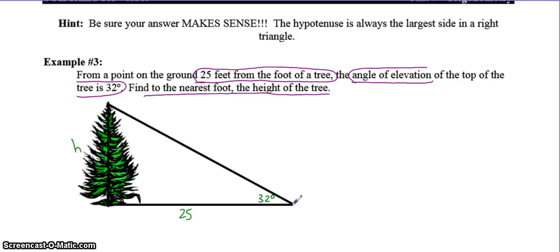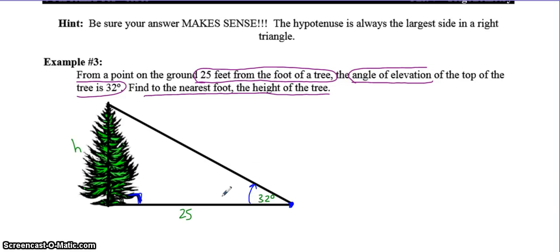Here is the point on the ground, which is 25 feet from the foot of the tree. The angle of elevation, remember that goes from the horizontal up, is 32 degrees, and we're going to find the height of the tree. Here's our right triangle, and there's our right triangle symbol right there. So here is our angle.